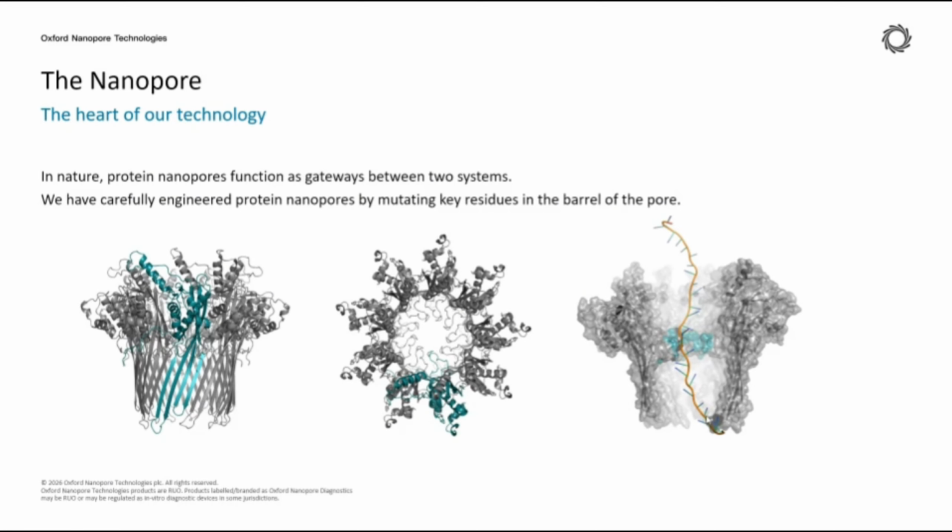These proteins are fixed on membranes. From one side, the DNA molecule will pass through the channel to the other side, and while this happens, we can measure the changes in the electricity within the channel. That is our data that is used for base calling.